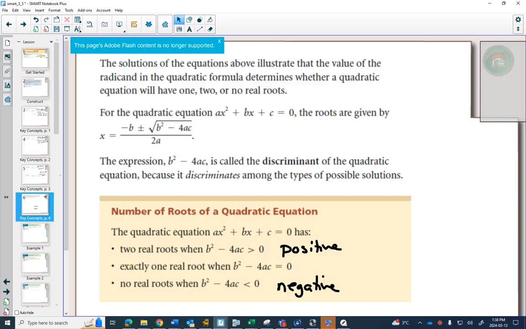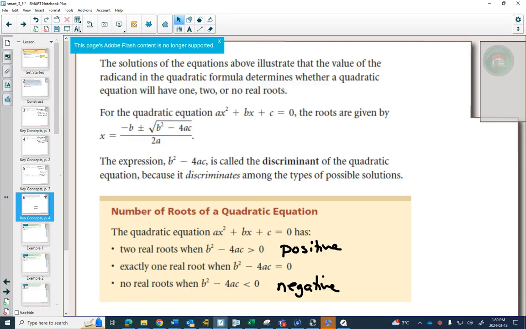Sometimes they ask you to not even solve the question and just say, how many roots do you think this is going to have? And if it's just asking how many roots, you can use a shortcut and just look at the discriminant part, the b squared minus 4ac, to determine that. Of course, you could still just solve it and tell that way too.